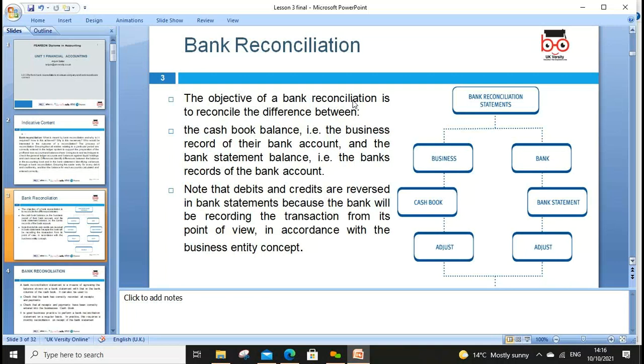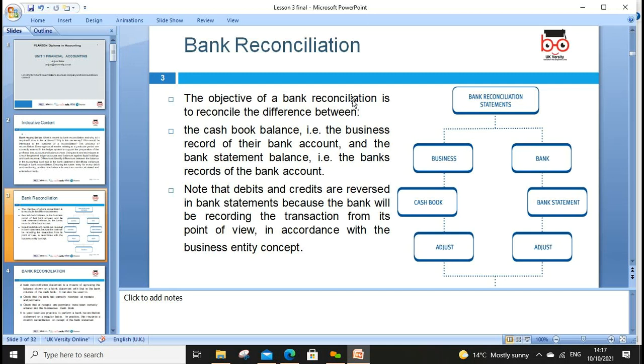So bank reconciliation: the objective is to reconcile the difference between the cash book balance, the business record of its bank account, and the bank balance, the bank record of the bank account. Note the debit and the credit are reversed in the bank, because the bank records the transaction from its point of view, in accordance with the business entity concept.